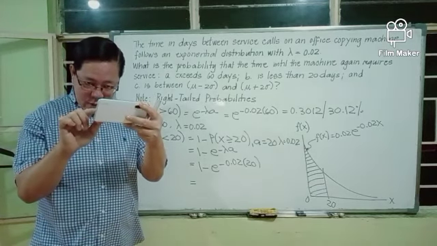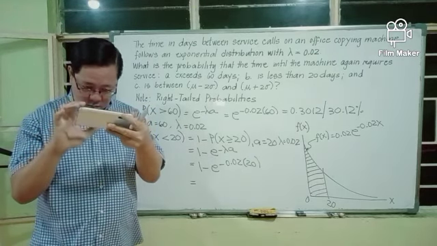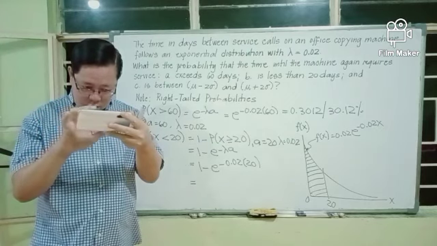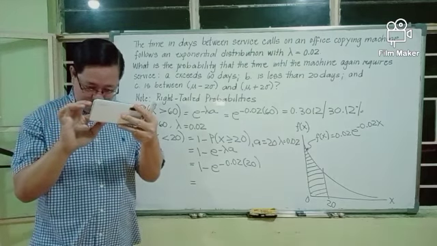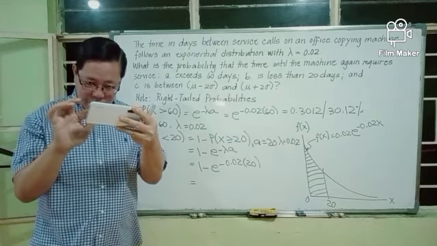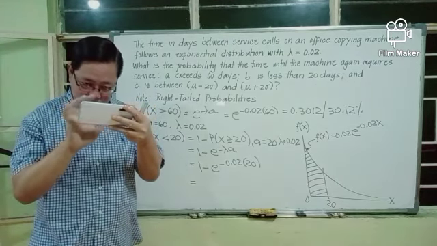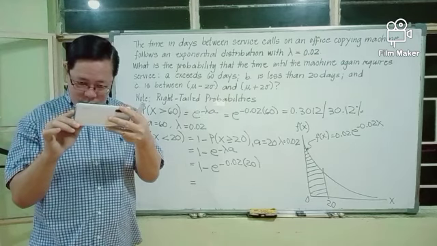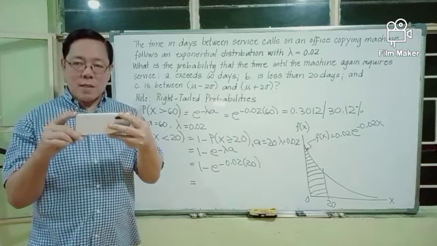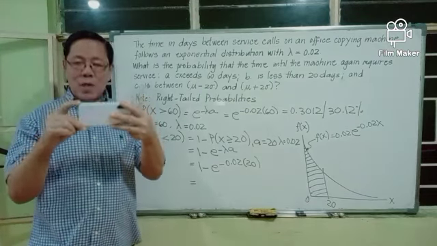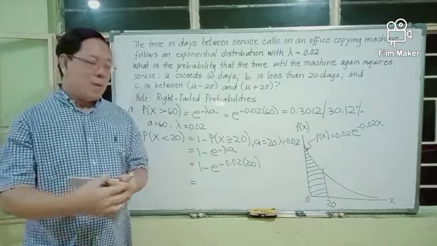And we compute this directly in our calculator. One minus e to the minus 0.02 multiplied by 20. And round this answer in your calculator to 4 decimal places. We get 0.3297.